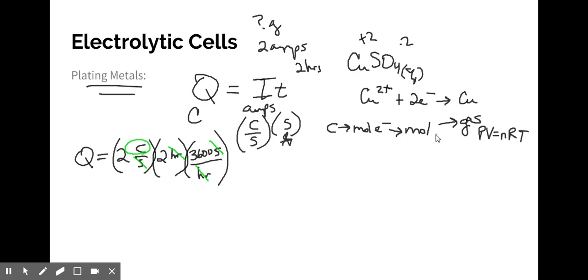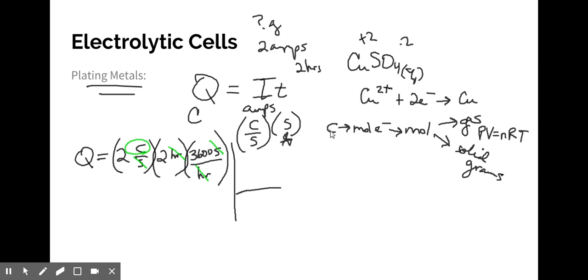If I'm working with a metal though, a solid, then I'm going to go directly from moles into grams. So I can go two different directions here. If I'm working with a gas, I can take these moles and stick it in PV equals nRT. If I'm working with a solid, it's going to be asking me for grams, so I'm going to take that moles and convert it to grams using the molar mass. Since we're dealing with copper solid, we want to change that to grams. I'll show you how to do that.